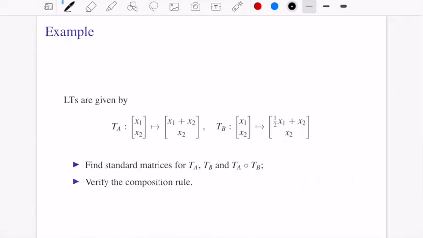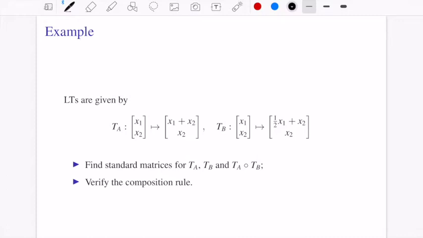Now let's look at the standard matrix of the composite TA composite TB given in the previous example. We have the same problem for TA and TB. The first question is to find the standard matrices for TA and TB and TA composite TB. For TA, if we recall the standard matrix, we should map the linear transformation to its standard basis.